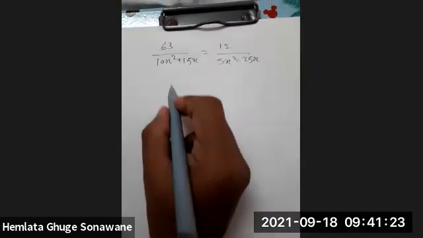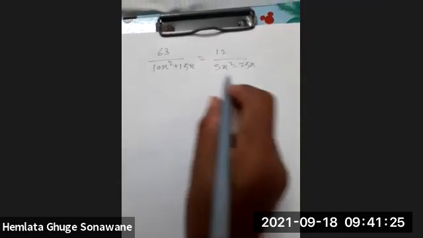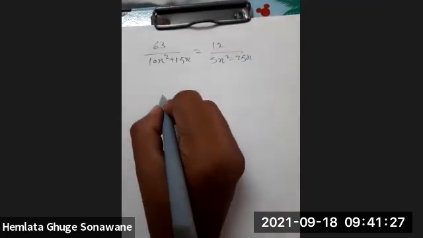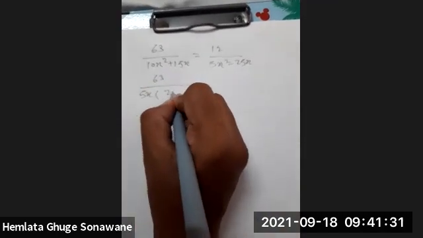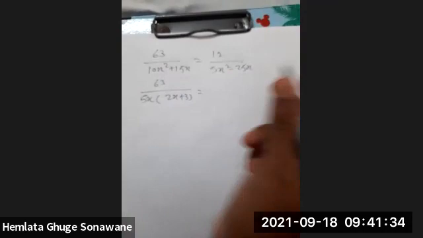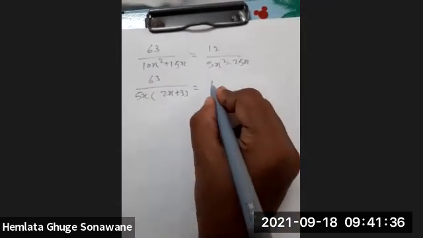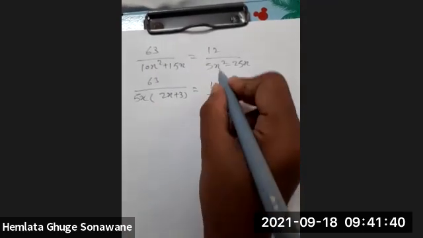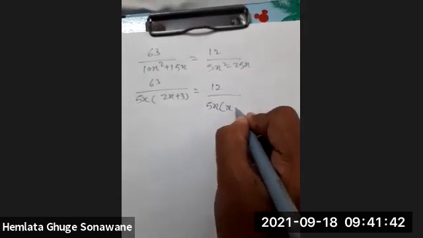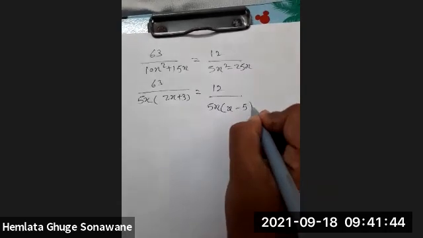Here we'll take 5x common, here also we can take 5x common. So 63 upon 5x into 2x plus 3 equals 12 upon 5x into x minus 5.